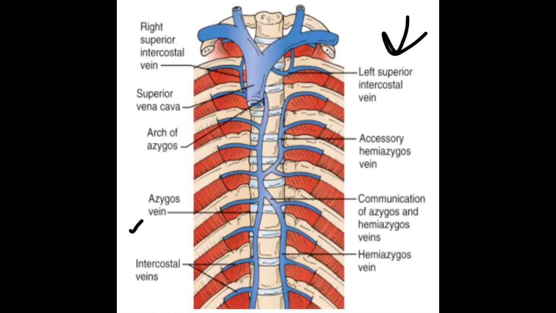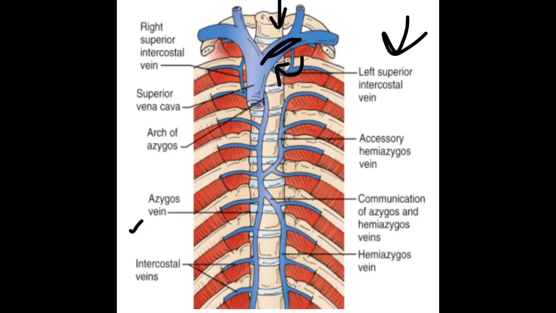Is the left superior intercostal vein. You can see it very clearly from this diagram that this vein, although a part of the azygous venous system, is separately draining into some other vein. And which vein is this? If you see the course, this is the vein that it is draining into. And what is this, as we've studied in the previous slides? Yes, this is the left brachiocephalic vein.